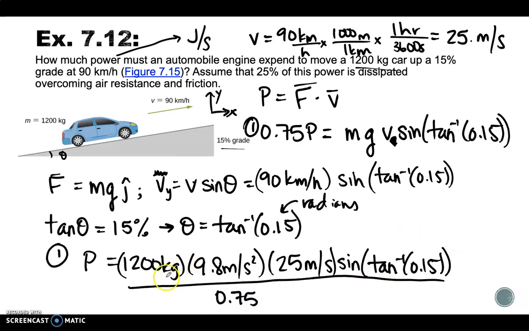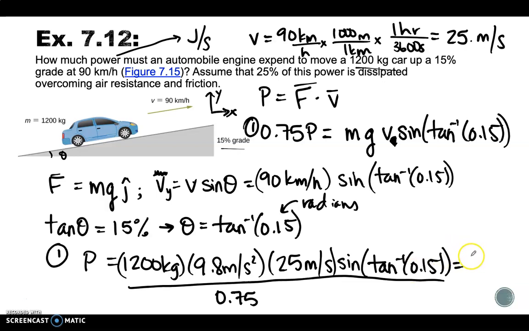Now we have kilograms meters squared over seconds cubed, which is good. That means we are in joules per second, so our units are correct. Let's plug this into our calculator, divided by 0.75.